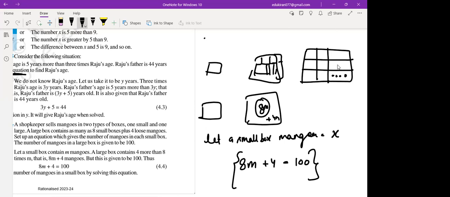In these small boxes, you never know how many mangoes are there, so you took it X each. So how many X? 8X. They were mangoes, that's why I wrote M, but you can take 8M or 8X. 8X plus 4 loose ones, so 8X plus 4. And how many in total? There are 100. So this is your equation.